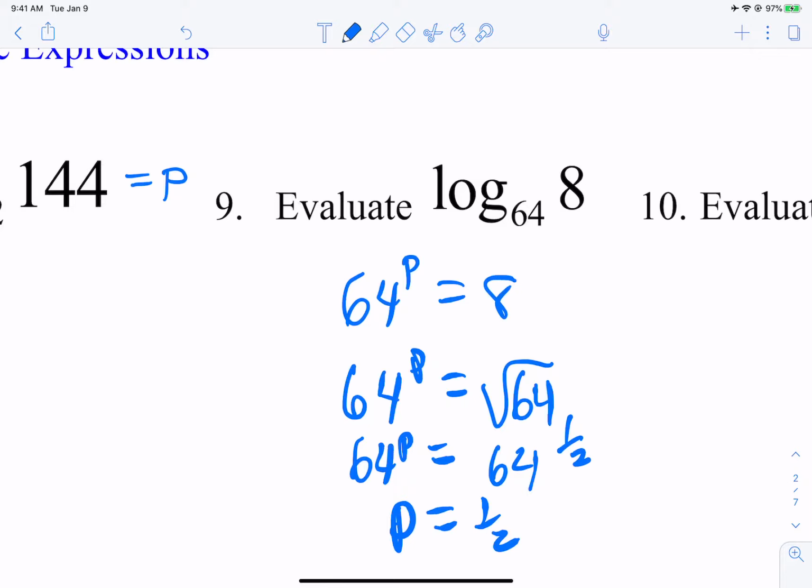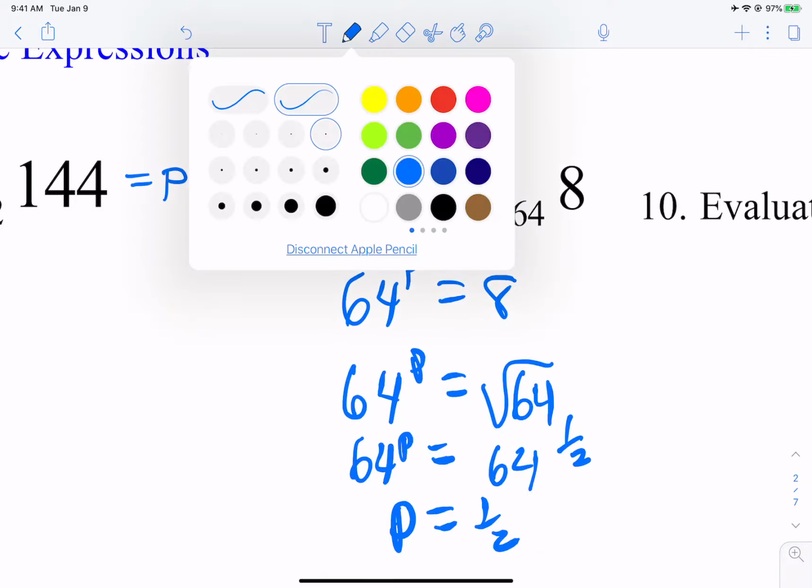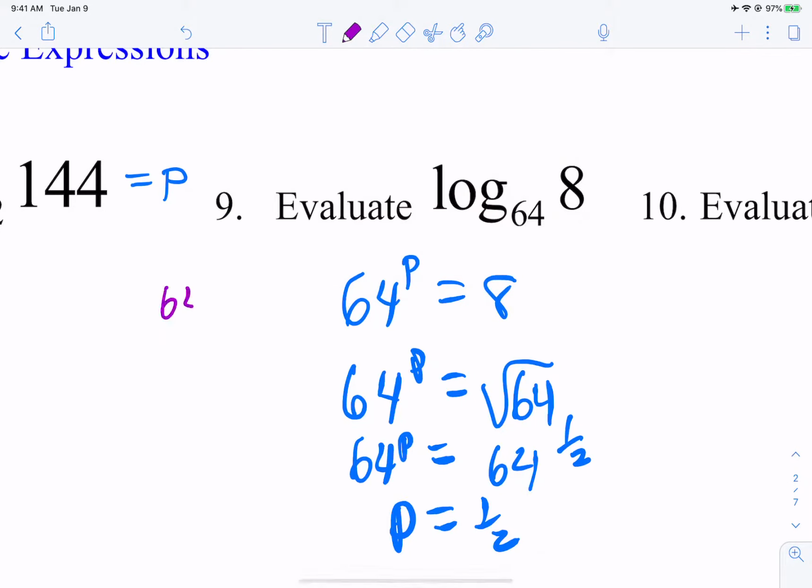Now there's another way to do this problem, and I'm going to do it to the left of it here, because I want you to see multiple ways to do it. Since we know the number 64 is 8 squared, we can take out the 64 and replace it with 8 squared. The square just sets next to the p.